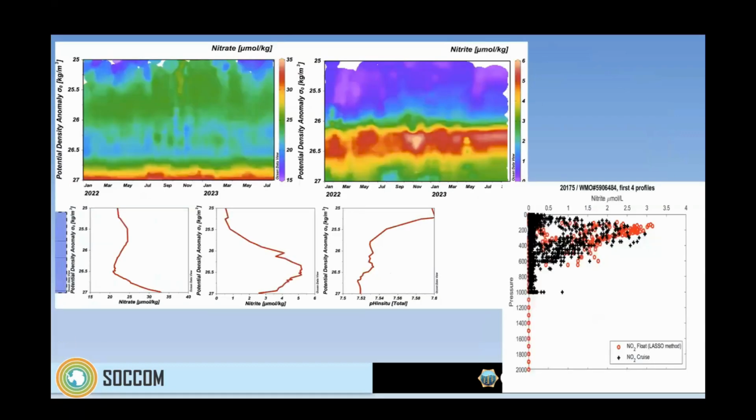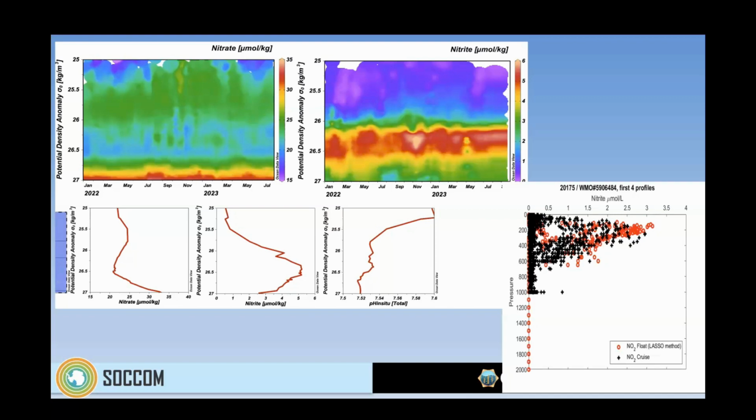Sorry. The last thing, something Mari and I have been working on: there are other products in the data. One person's noise is another person's signal. There are funny baselines in the UV nitrate system. We can now get nitrite out of the funny baseline.